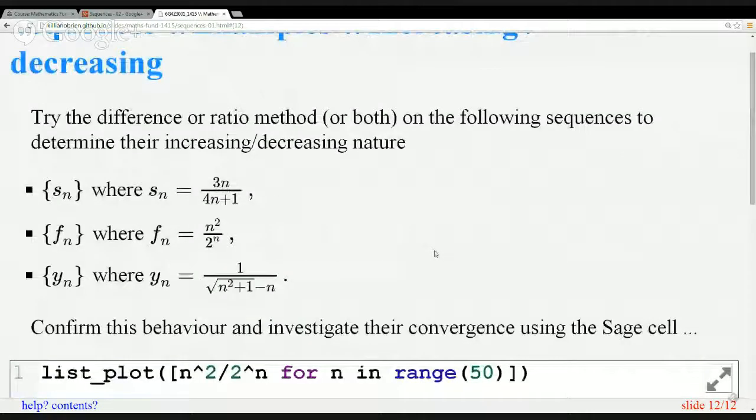And I mean, is that readily seen with the pen and paper approach, n squared over 2 to the power n? Because there's exponentials here, I'll look at the ratio approach. So f(n+1) divided by f(n), that would be (n+1) all squared divided by 2 to the n+1.